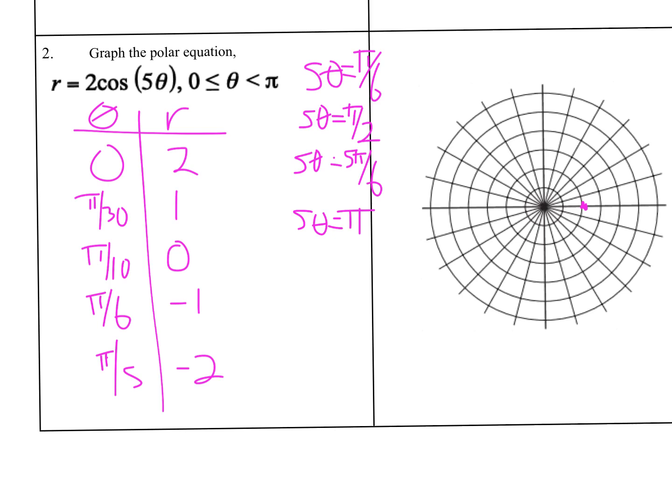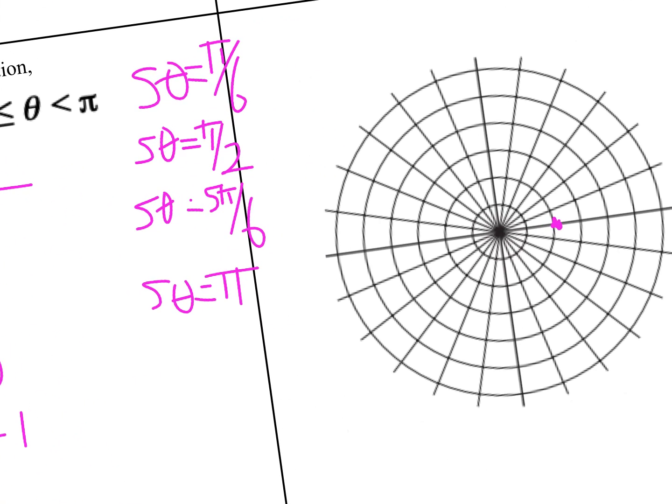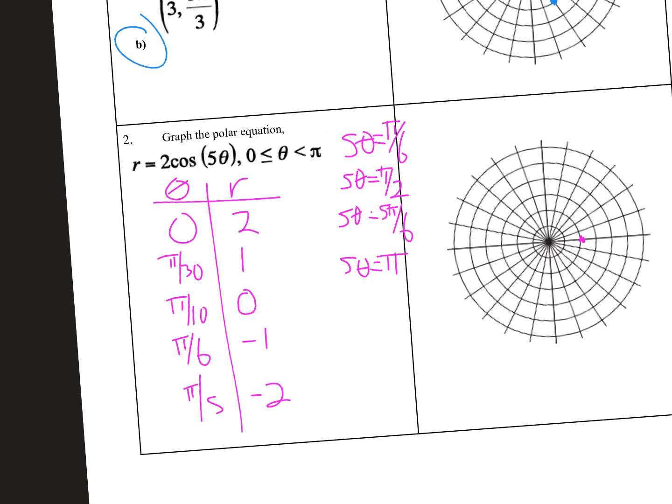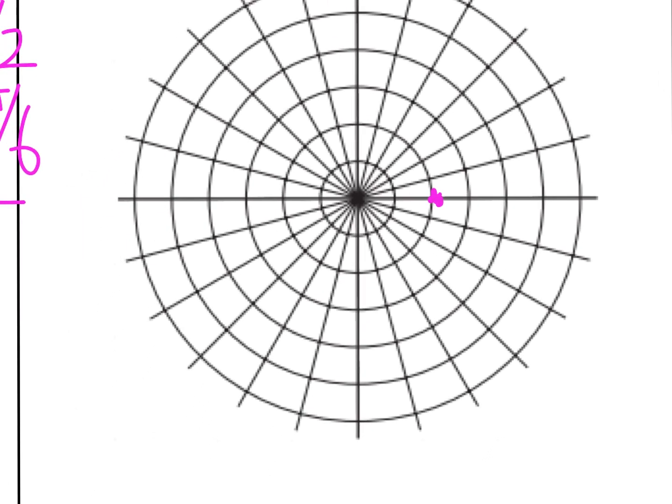And then I'm going to zoom in here. Oh, geez. All right, now I'm going to zoom in. So I've got pi over 30, pi over 10, 0, pi over 6, negative 1. Essentially, it's going to loop back kind of like this.